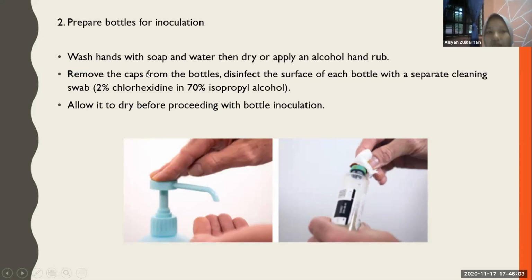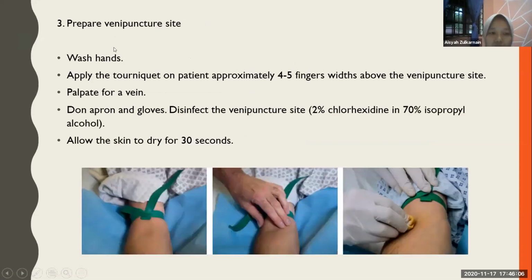So for the venipuncture, again we need to do the hand hygiene procedure, and then we will inspect the patient's arm for appropriate venipuncture site. So the most preferred site, as mentioned before, is the antecubital veins, and then we need to avoid areas that have bruises or that are erythematous.